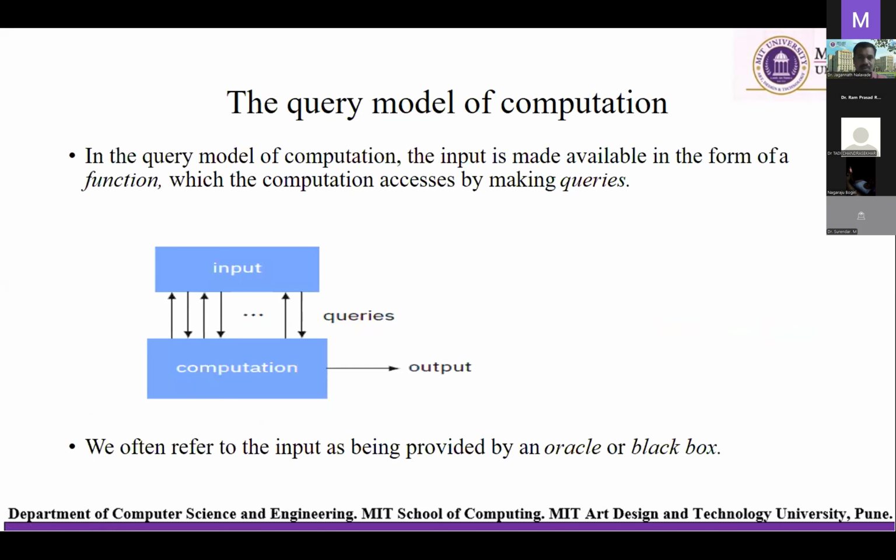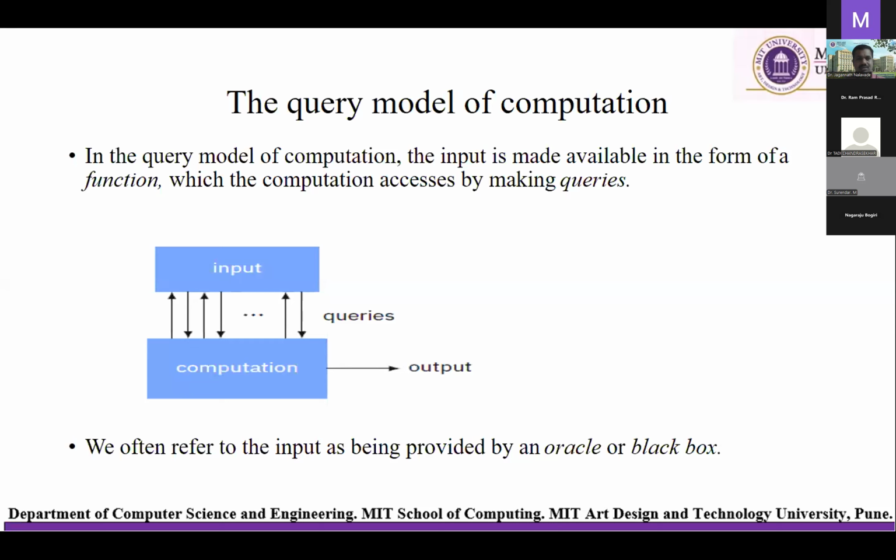In the query model of computation, we pass the input in the form of queries instead of bits. In the previous example we saw that we pass 2-bit, 4-bit, 8-bit information. Suppose for an 8:1 mux, we pass 8-bit information to the mux.